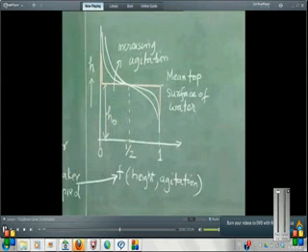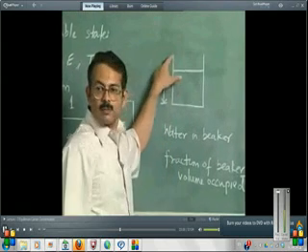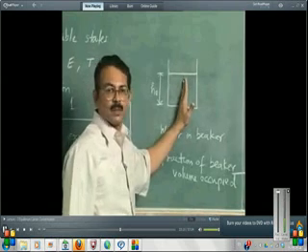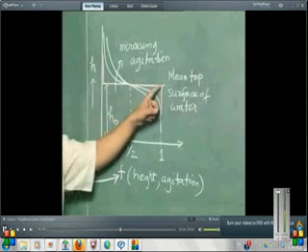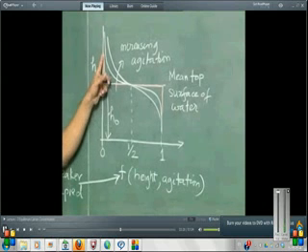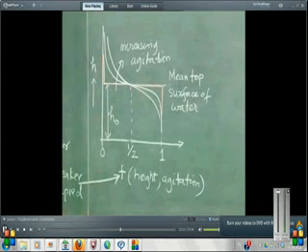This is h0. So above this h0 you have no water, and below h0 the entire beaker volume is occupied with water. So the fraction of beaker volume occupied is 1 below h0, above h0 it is 0. Okay, so this is no agitation. The red line is no agitation. That is the reference.